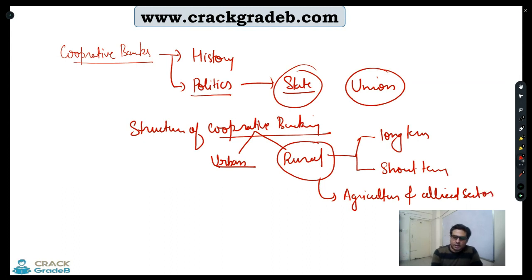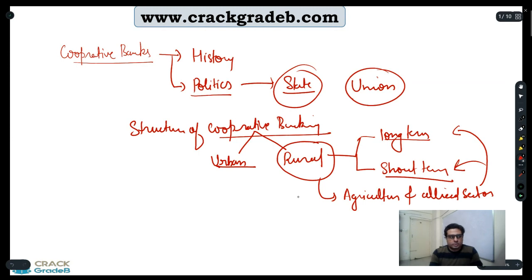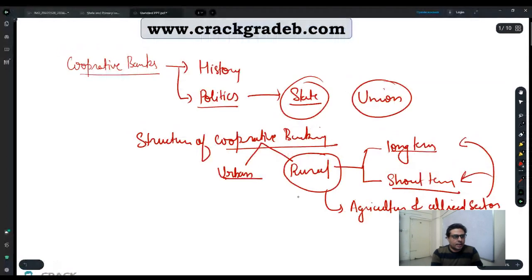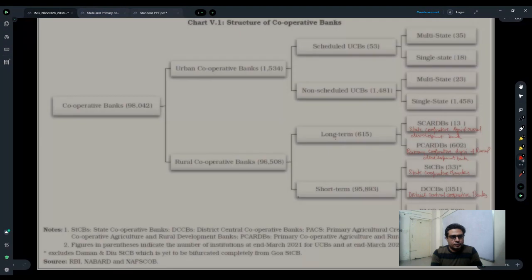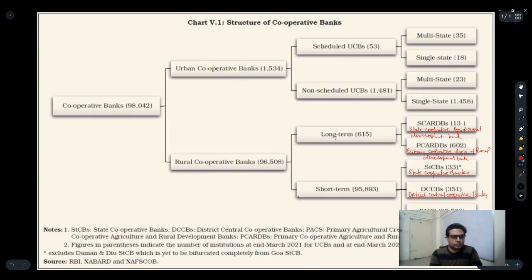That is why there are two kinds of institutions: those focused on the long term requirement and those focused on the short term requirement, right? So let's go to the structure and I'll explain things from the structure itself.